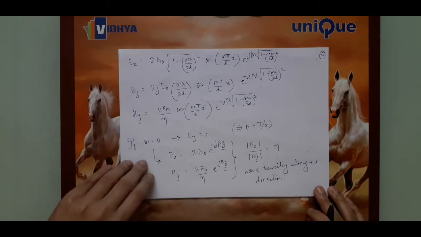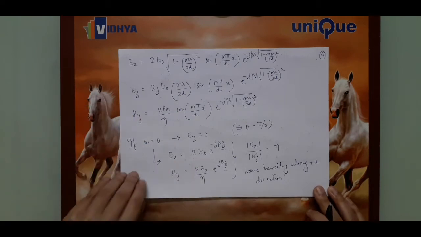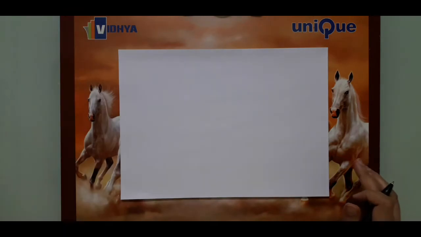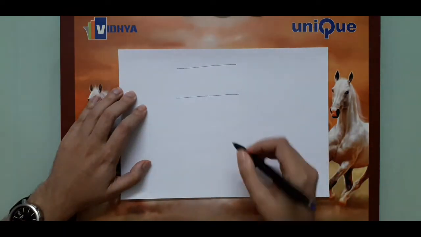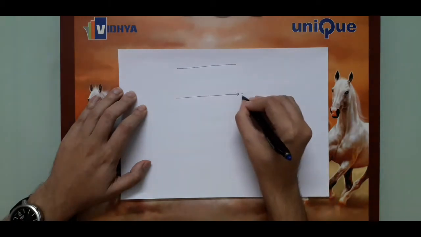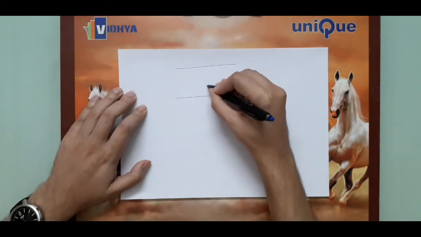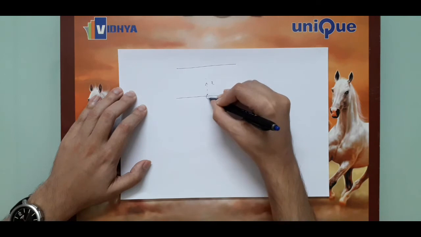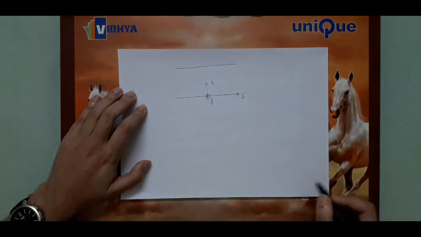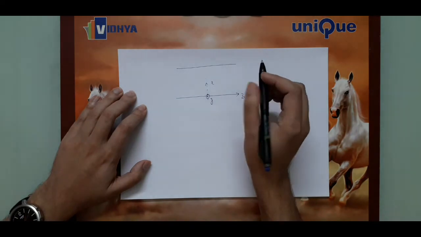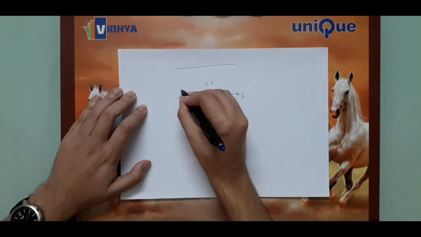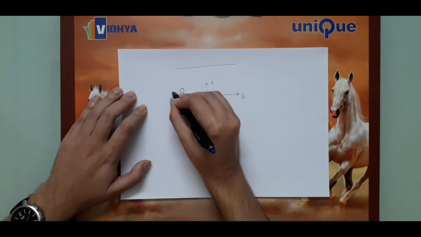So how can we draw this now? We have the Ex and Hy components which are traveling in between the two conductor plates. This is Z, this is X, this is Y. So suppose I have this Ex, or rather let us say Hy, which looks like this.